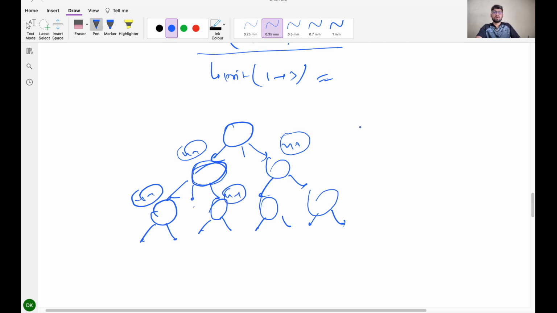So it will grow exponentially, so the time complexity would be 2 to the power n, because we have 2 branches for each parent. And the space complexity is also 2 to the power n, that is 2 to the power n calling stacks.